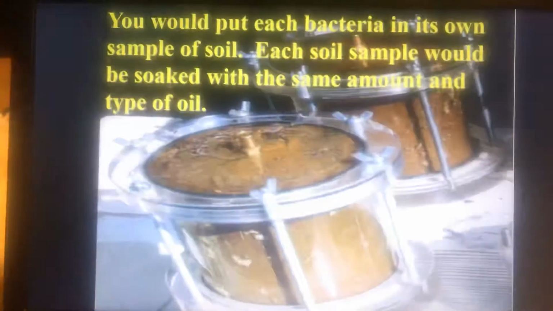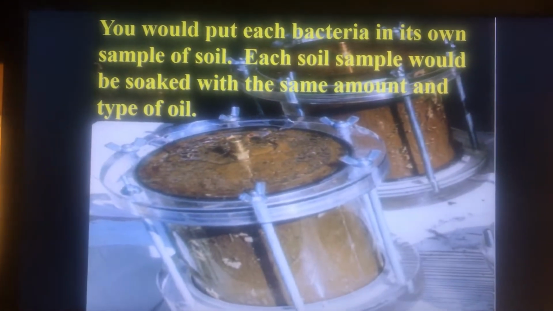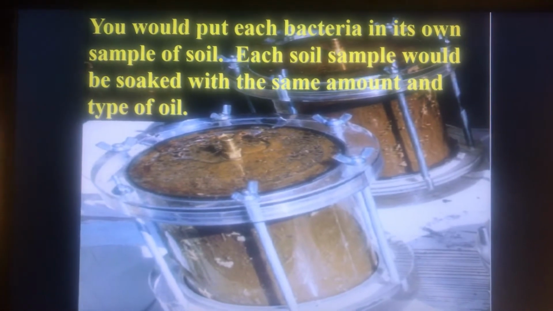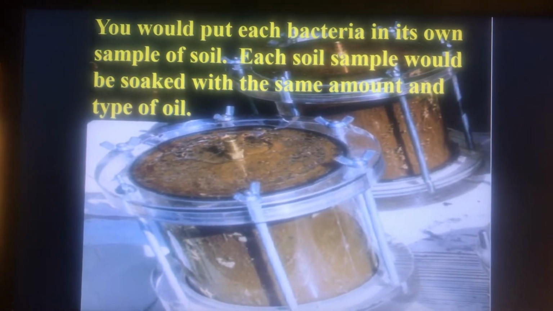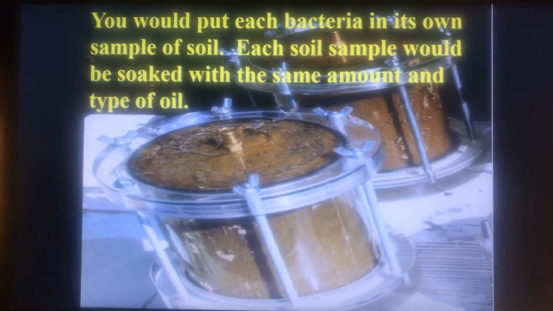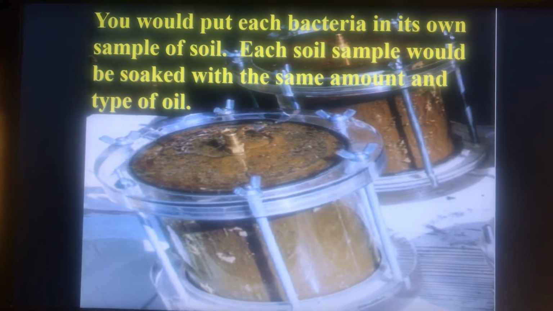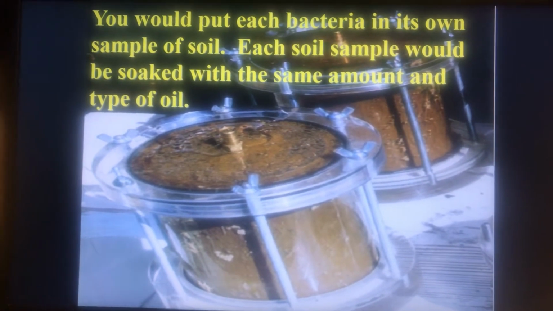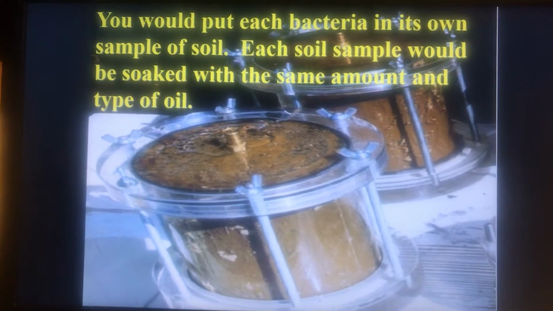So you would put each bacteria in its own sample of soil. Each soil sample would be soaked with the same amount and same type of oil. You want to make sure that all the other variables are constant, and we're not doing different things to each sample of oil in the soil.